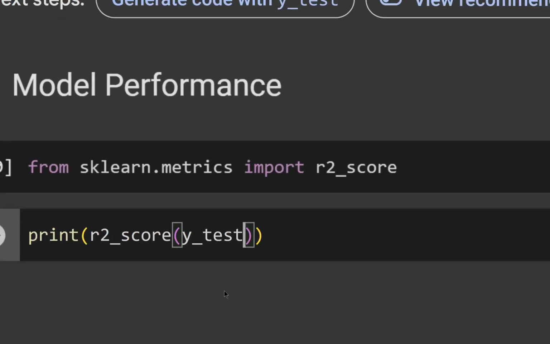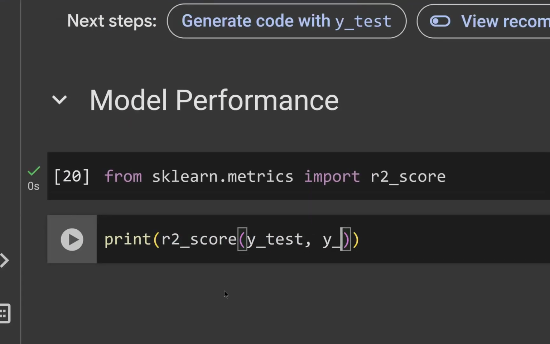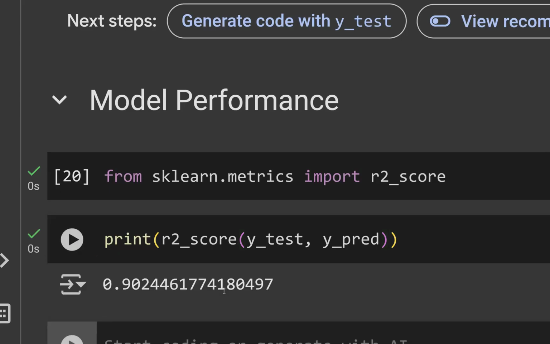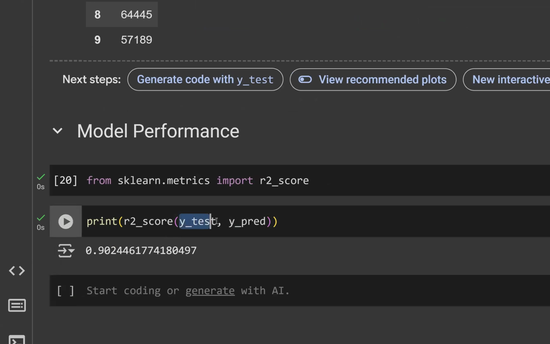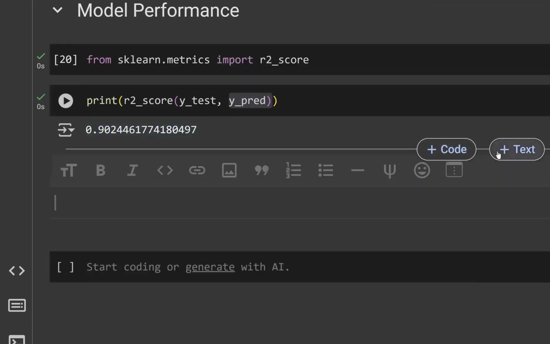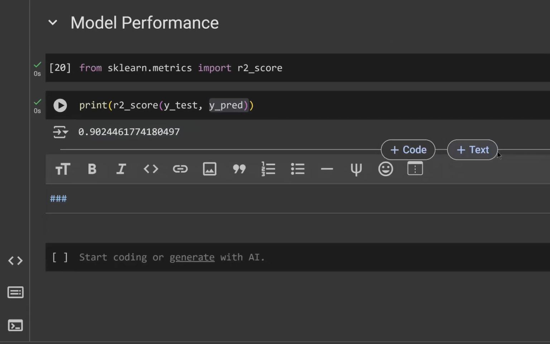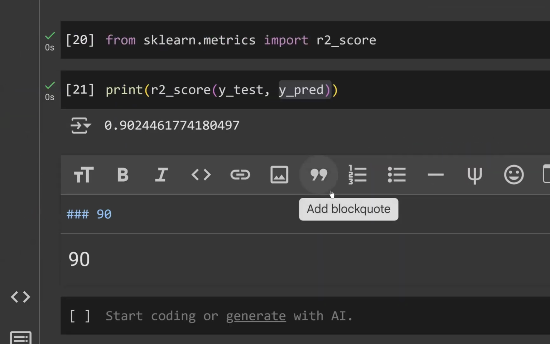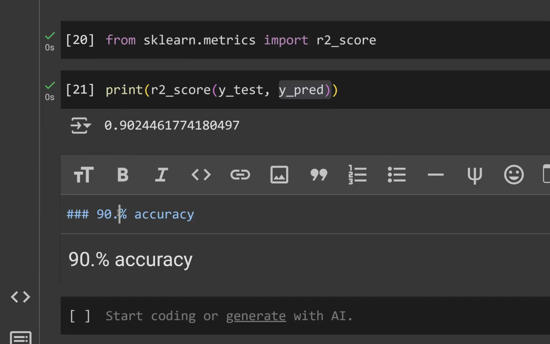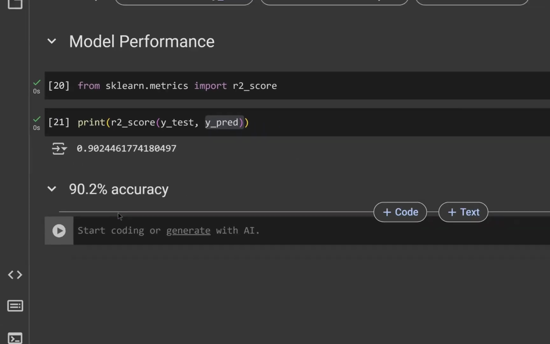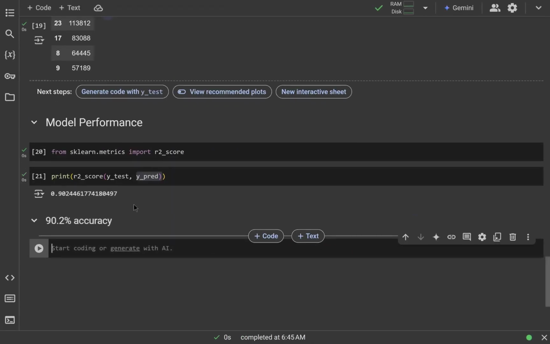So here you will just compare Y test, which means the actual output, and ypred, which means the predicted output. So you have just compared the actual output versus the predicted output. What is the accuracy? 0.90. It means 90.2% accuracy. Correct? Yes. This is how it should be.